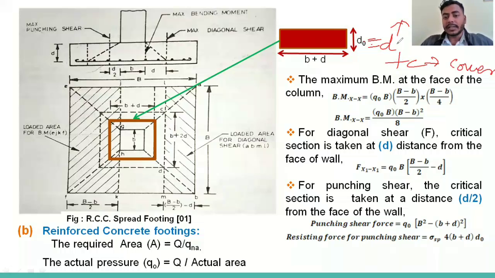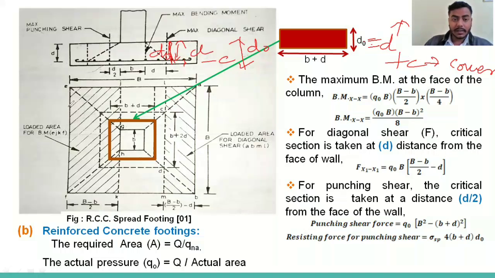In the footing you can see this is the D and this is the C. But this overall depth is called D naught, from here to here. So we can write D naught equals D plus C. Are you getting my point?